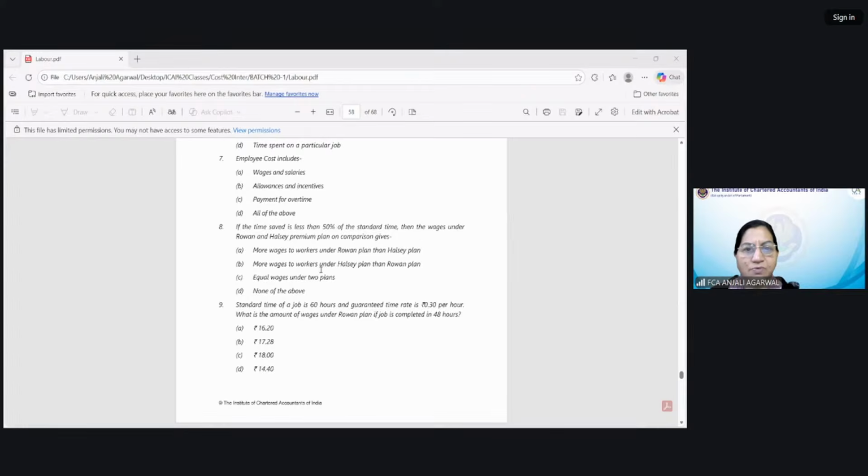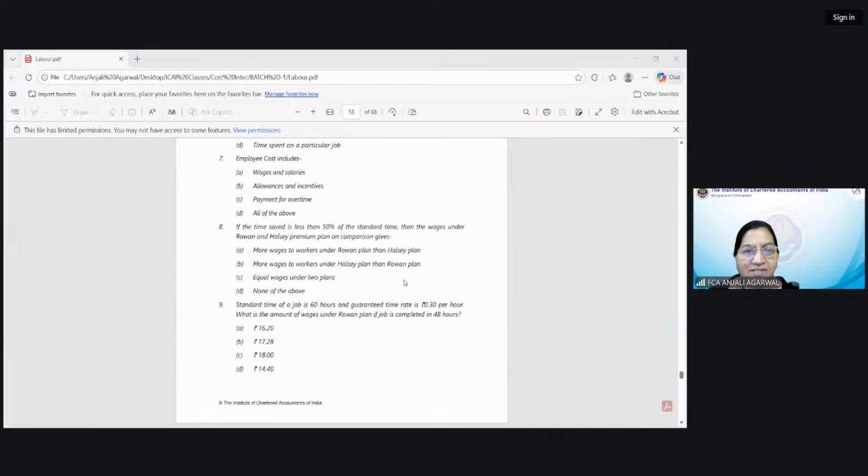No. More wages to workers under Rowan plan than Halsey. More wages to workers under Halsey plan than Rowan. Equal? None. So what was the rule? At exactly 50%, both Halsey and Rowan gave the same, beyond which Rowan gives less. So before that, Rowan gives more. It's not Halsey, it's Rowan.